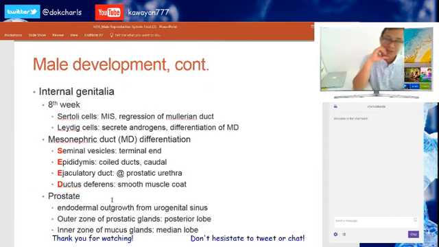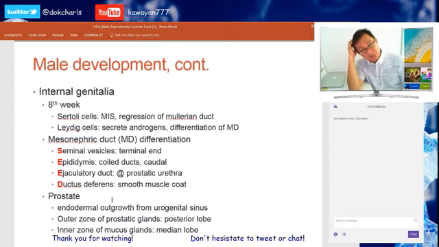In terms of internal genitalia development, at 8 weeks your Sertoli cells will lead to the development of Mullerian inhibiting hormone, and it will lead to the regression of the Mullerian duct, while your Leydig cells will produce testosterone and lead to the differentiation of the mesonephric duct into male reproductive organs.